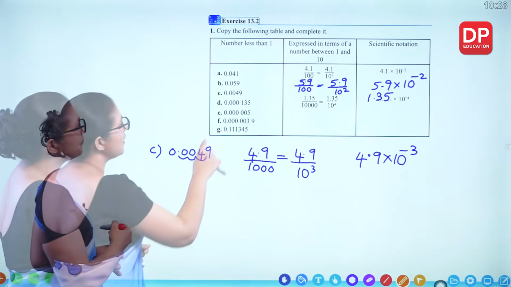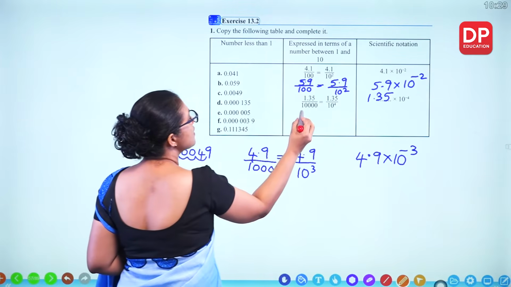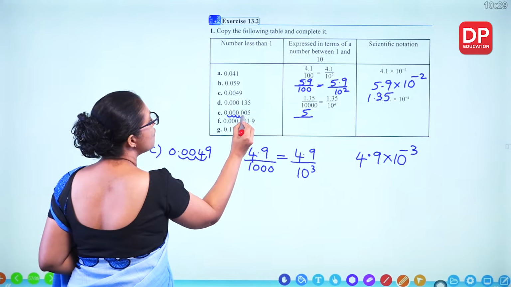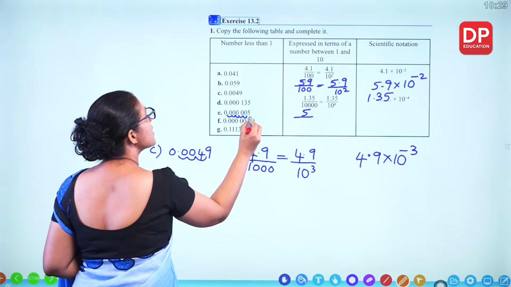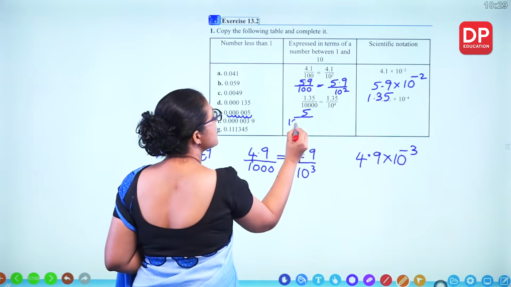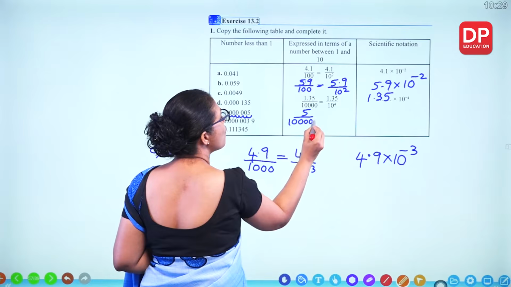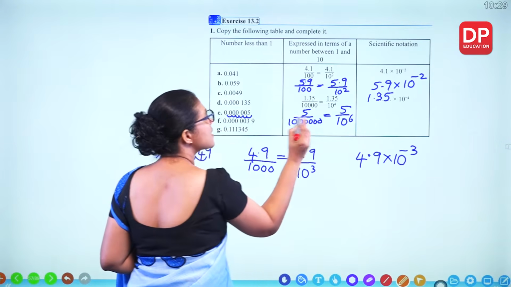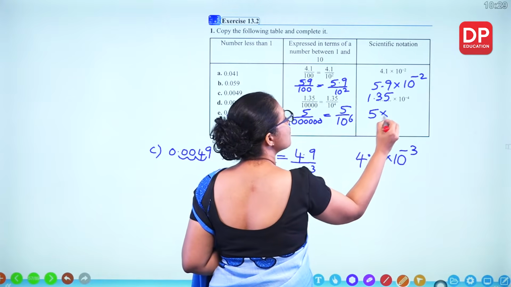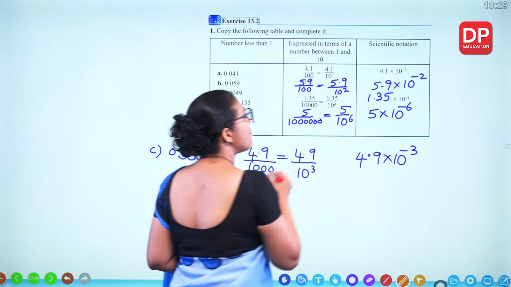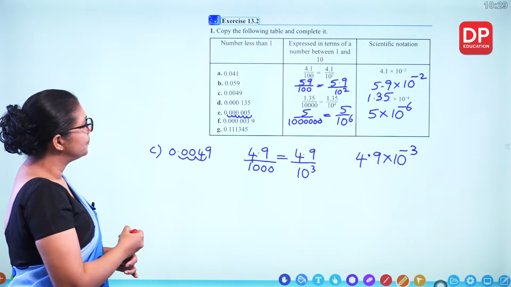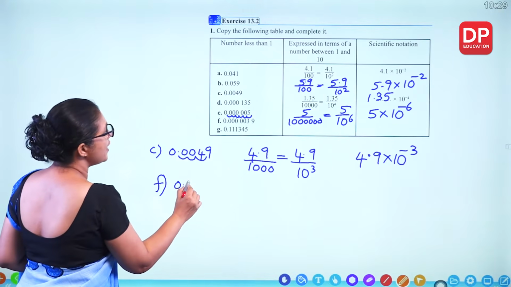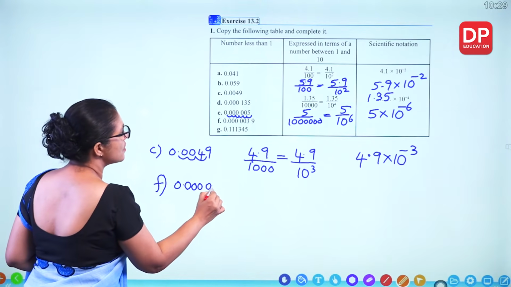Then E. E, I can do it here. What's the number? 5 divided by 1, 2, 3, 4, 5, 6. 6 places. That means 6 zeros. 1, 2, 3, 4, 5, 6. You can write 5 over 10 to the power 6. In scientific notation, 5 into 10 to the power -6. F. 0.00039.